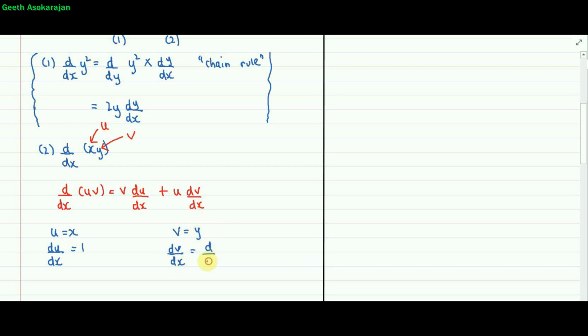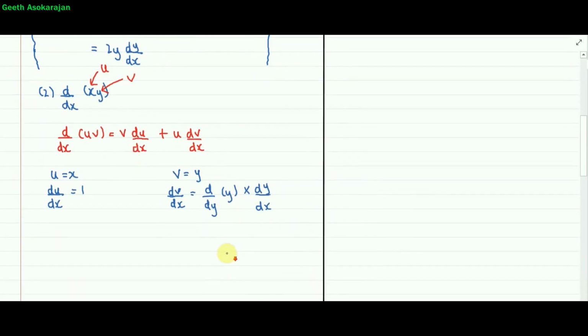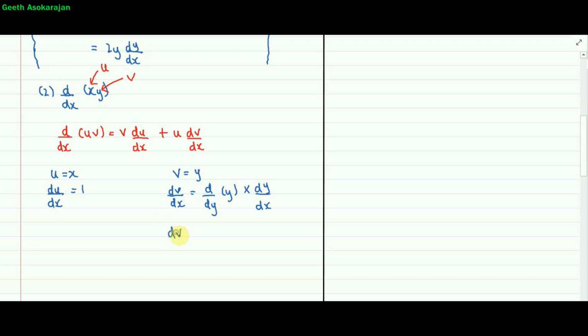So first we differentiate y with respect to y, and then we multiply by dy over dx. So dv over dx is equal to, when I differentiate y with respect to y, 1 times dy over dx, so that is dy over dx. So this is the side calculation for dv over dx.